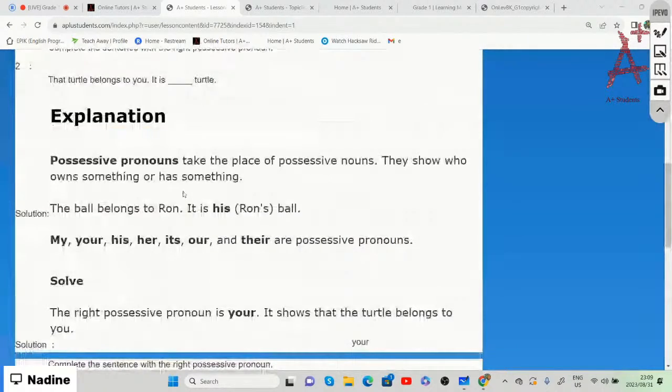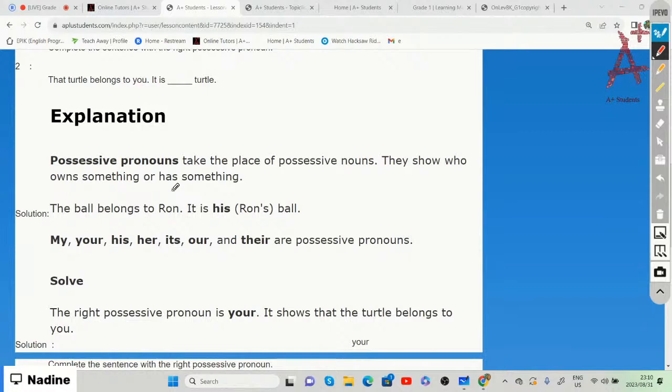That turtle belongs to you. So if something belongs to you, that turtle belongs to you, then we can say it is your turtle. If it belongs to you, we say it is your turtle.